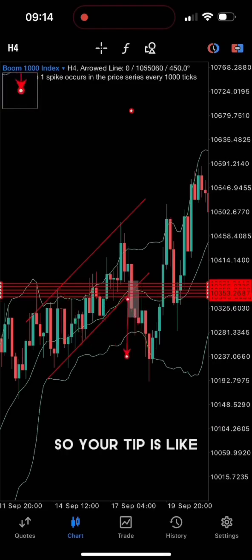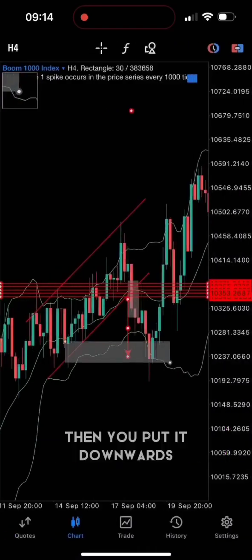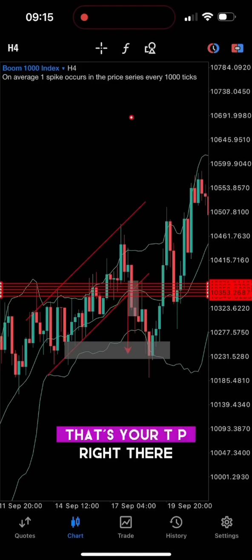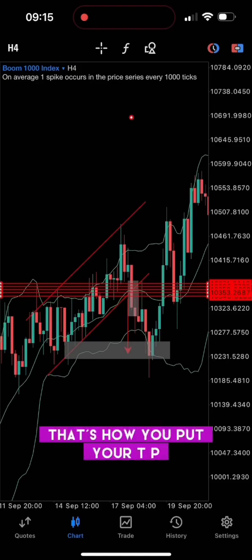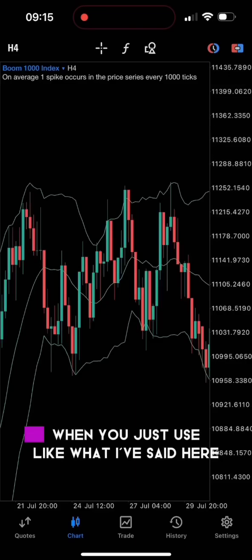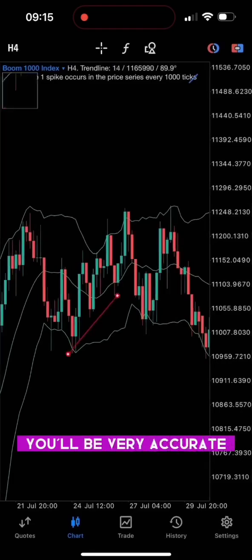Yes, so your TP is like, you measure the space of the channel inside, then you put it downwards, and then there's a special point you use, that's your TP right there. That's how you put your TP. It doesn't matter what the price to the side is showing you. When you just use what I've said here, you will be very accurate.